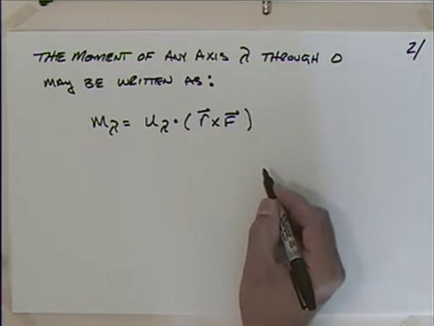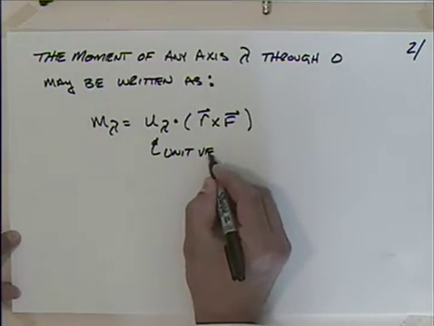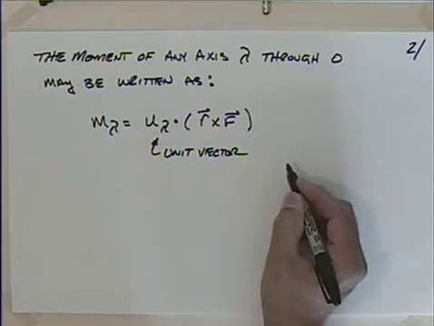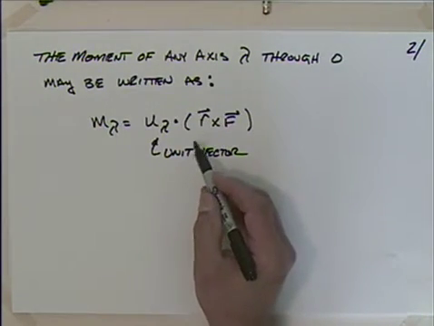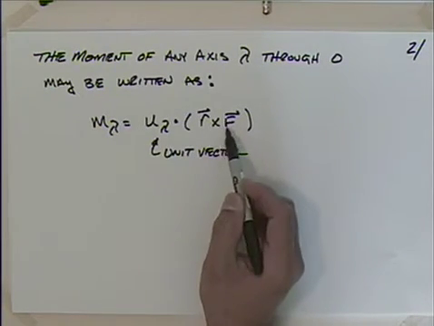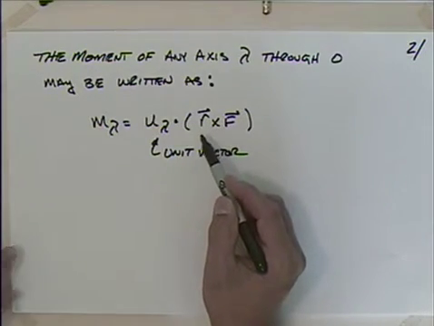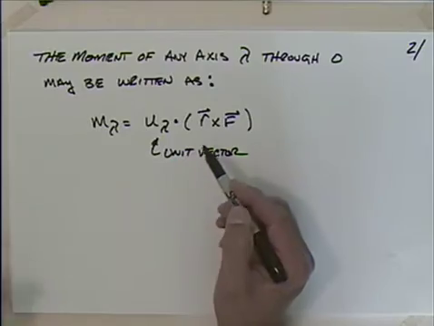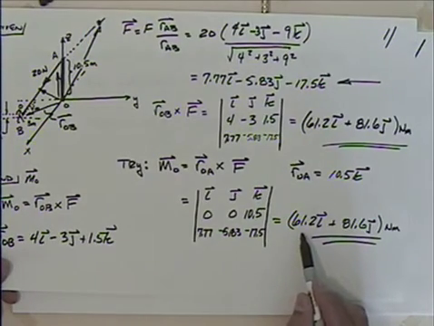So what we're doing here, this is of course the unit vector for lambda. If I want to find out what the moment in a particular direction or on a particular axis is, I take the unit vector for that direction or axis and I dot it with the moment that we calculated. Fairly straightforward. Going back to our previous problem, if I wanted to know the component of this in the I direction, I just dot it with the unit vector in the I direction and I'd get this piece.